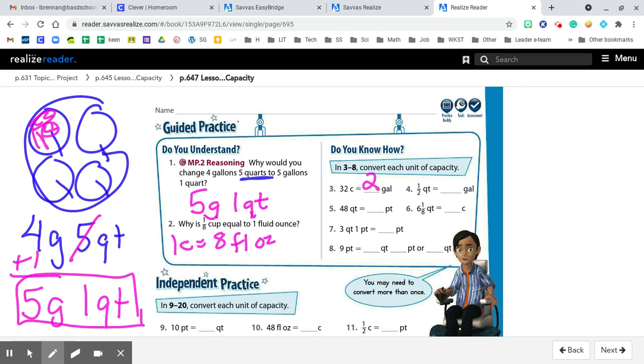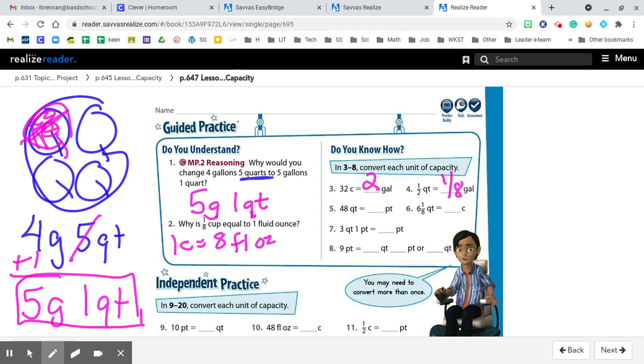Half a quart equals how much of a gallon? So here's my quart here. So 1 quart is 1/4 of a gallon. Half a quart is 1/8 of a gallon.